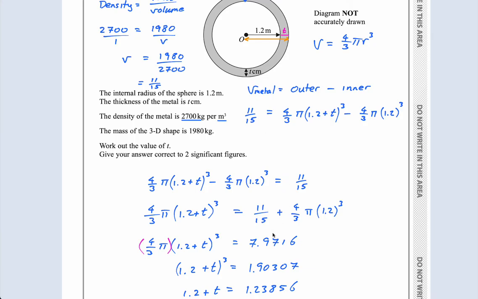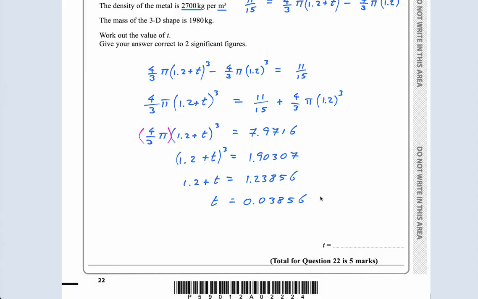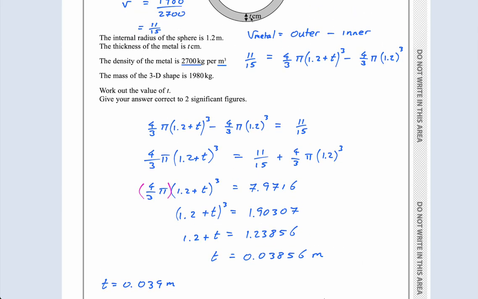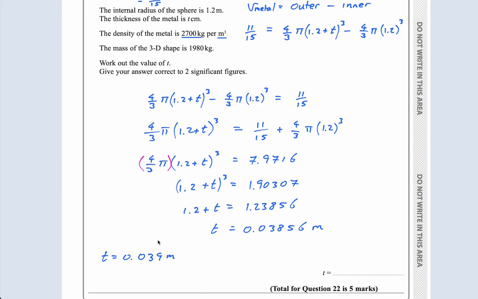This is meters, but he wants it, well, he actually doesn't say, so you could put it, and he wants it to two significant figures. You could put it as t equals 0.039 meters. Look, he hasn't put the units there, but the fact that it's actually t centimeters here, I'm thinking let's put this in centimeters.